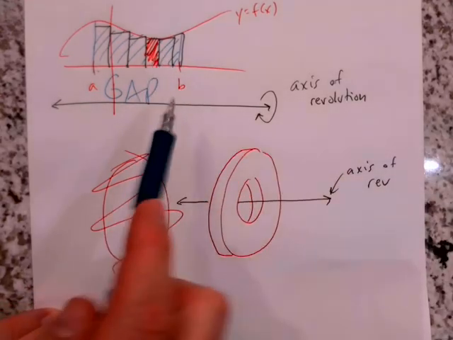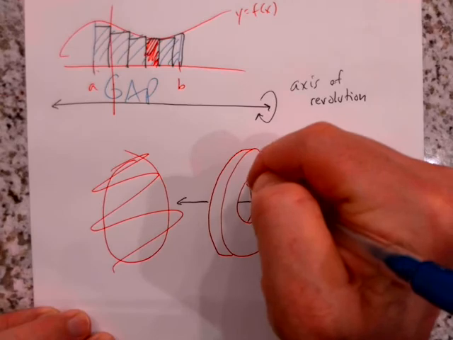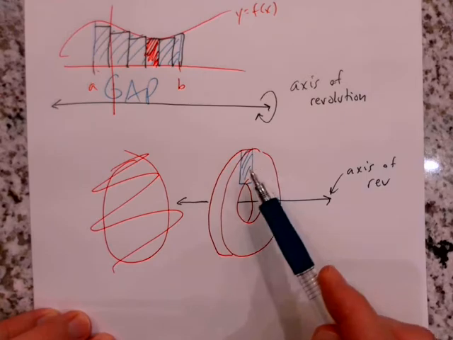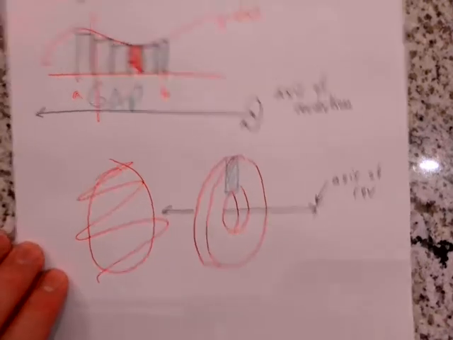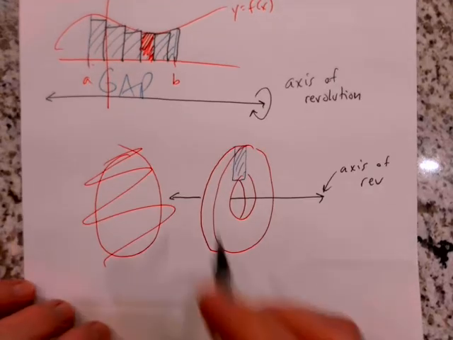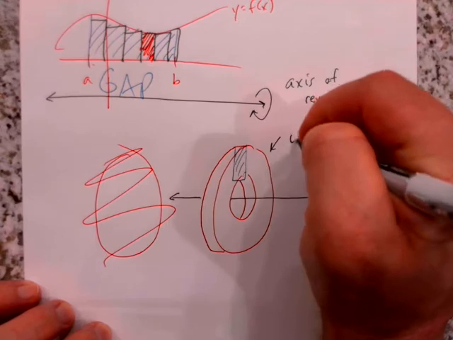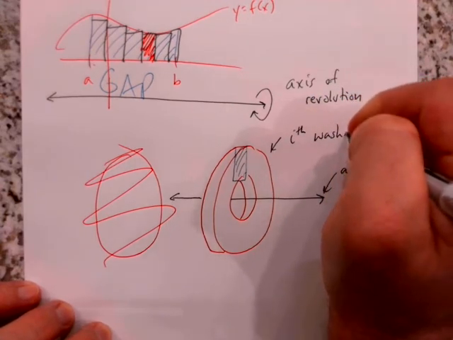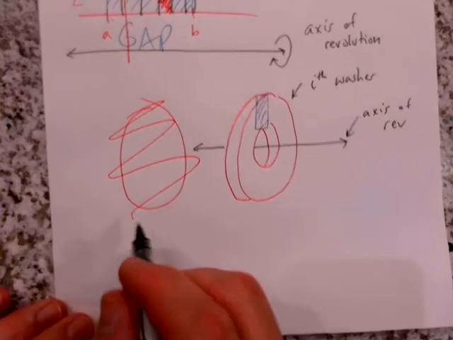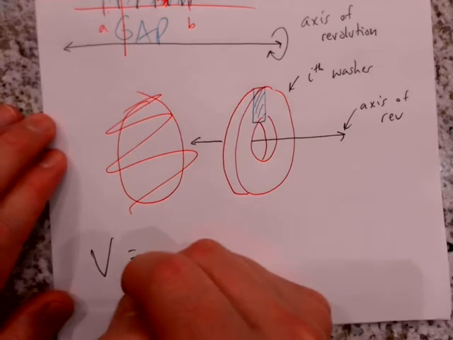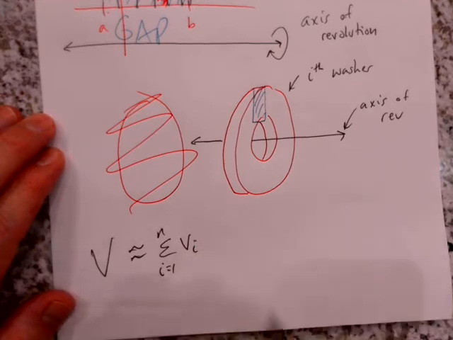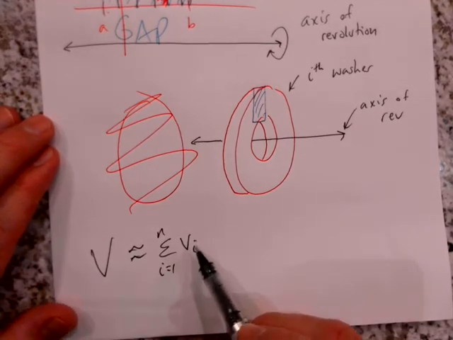And this rectangle, right here, was spun all the way around, giving you a washer, which is a cylinder with a hole cut out of it. So we'll say this is the ith washer. And what we want is a formula for the ith washer's volume. Because again, the exact volume of our shape is going to be approximately the sum from 1 to n of V sub i, where V sub i is the volume of the ith washer.